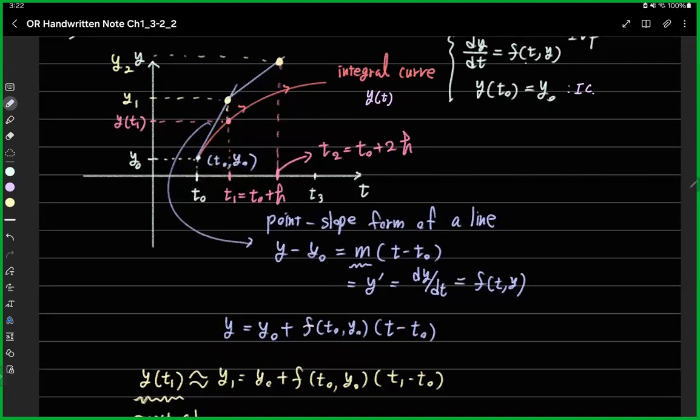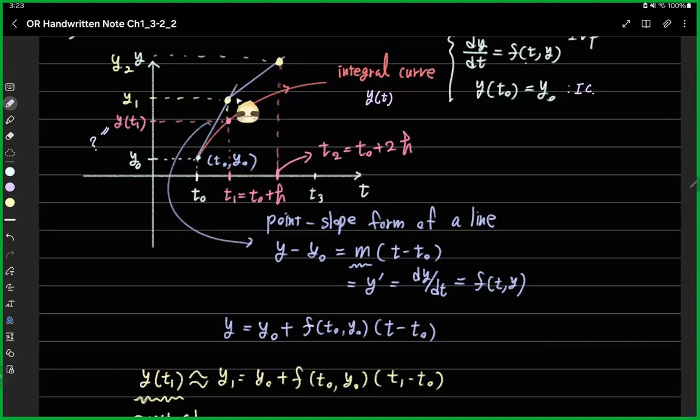So we're gonna use this line to approximate y at t1. Listen carefully. We're gonna use this equation, which is the equation of the tangent line at t0, y0, to approximate y at t sub 1. So y of t sub 1 is the exact value of y at t equals t sub 1, right here. But this is unknown.